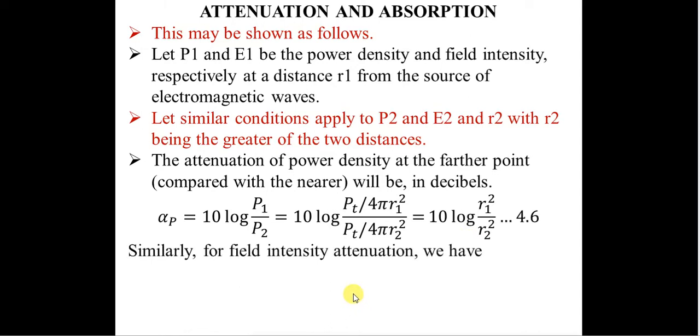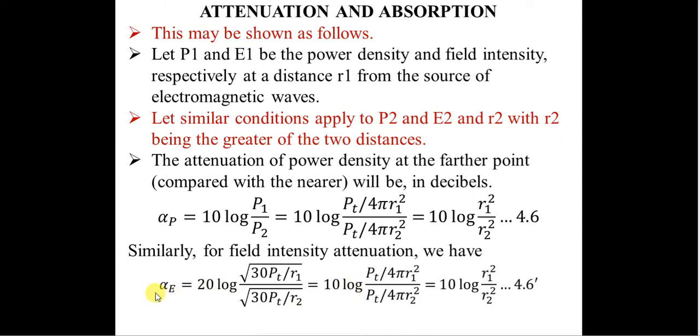Similarly, for field intensity, attenuation alpha E equals 20 log of the square root of 30 Pt over R1 divided by the square root of 30 Pt over R2. Solving it, we get the same result, 10 log of R2 square divided by R1 square.